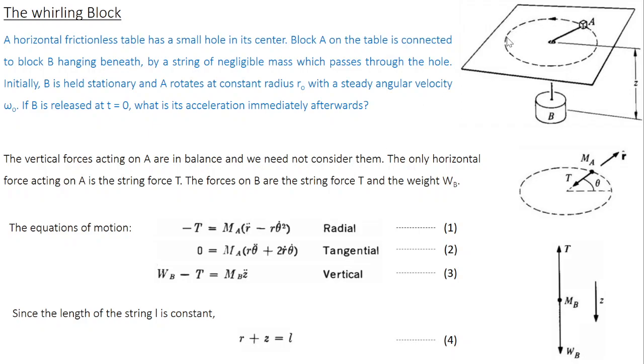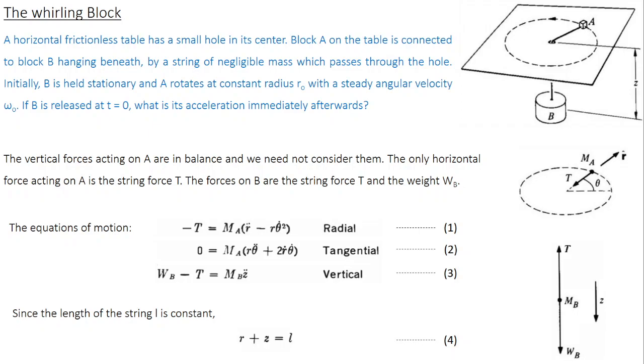And the only force acting is the tension through the string. And when it comes to B, what are the forces acting? B is hanging on this rope, so obviously the tension of the string is going to act on B. Similarly, B has a certain weight W_B which acts in the downward direction. So tension and weight here, only tension here.